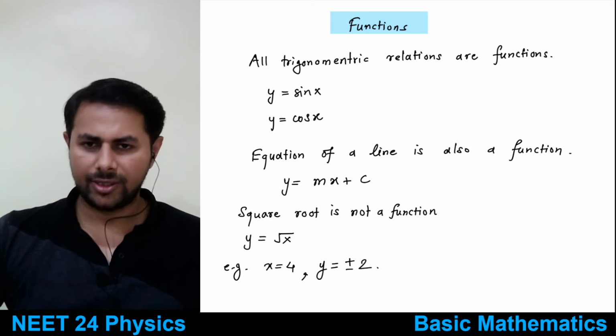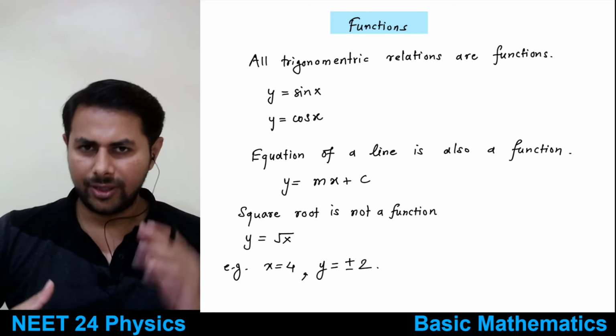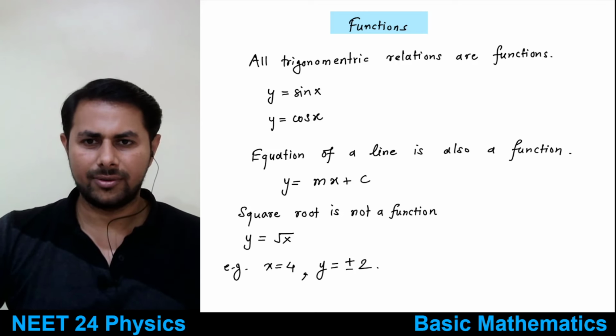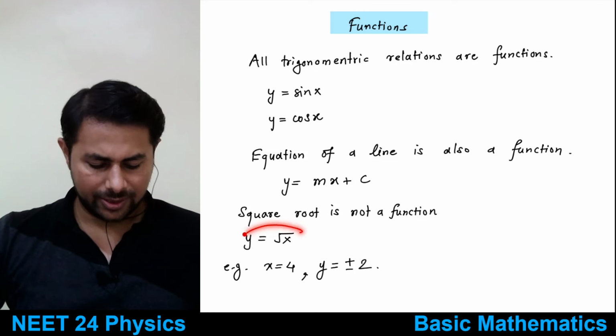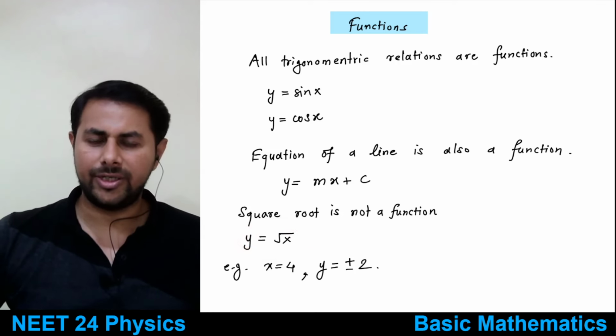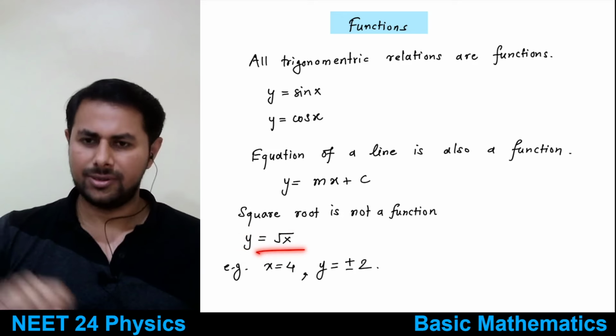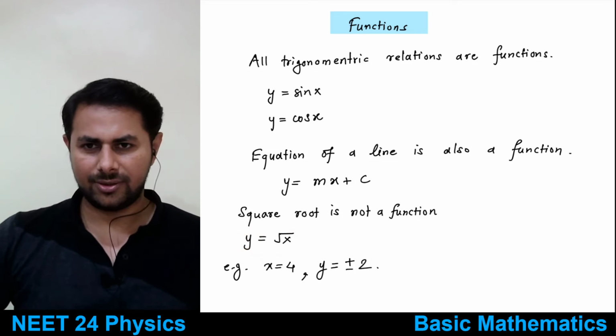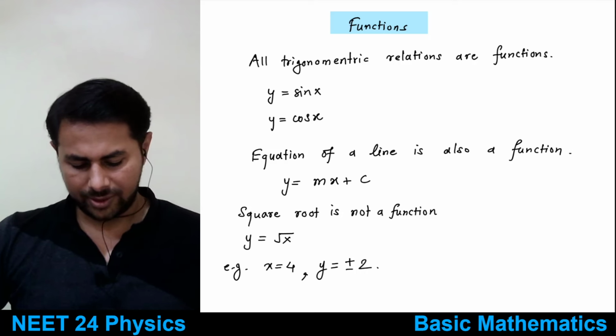So what is a function? A relation where for each value of x, you are having only one value of y. So that's why this relation doesn't qualify to be a function. It's clear? Not clear?